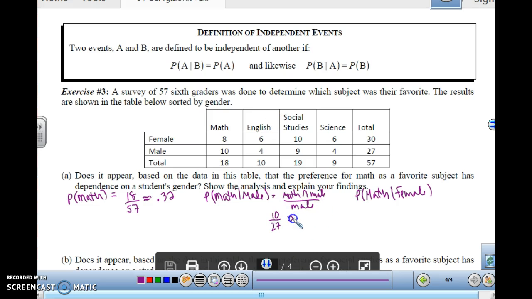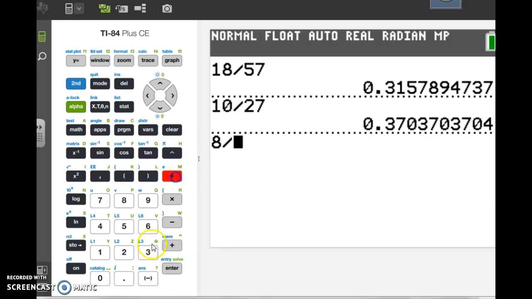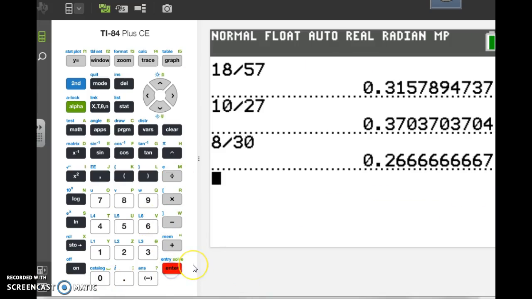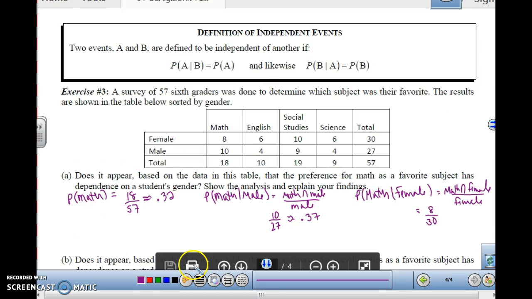And the probability of math given that you're female would be math and female out of female. Looking at our chart, that is 8 out of the total number of females, which is 30. On my calculator, 8 divided by 30 is about 0.27.